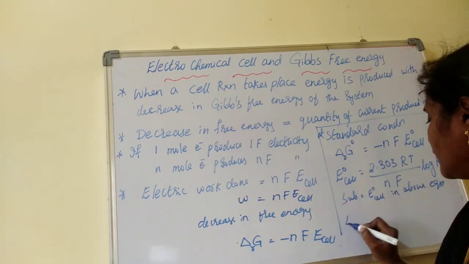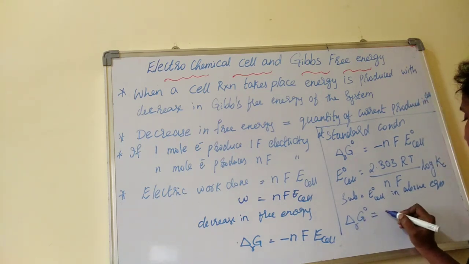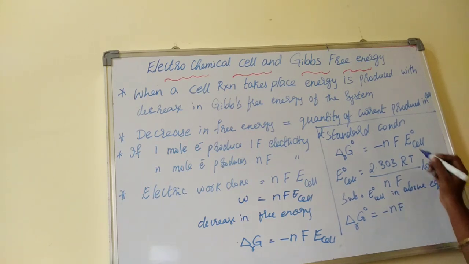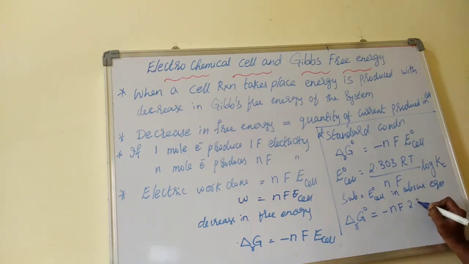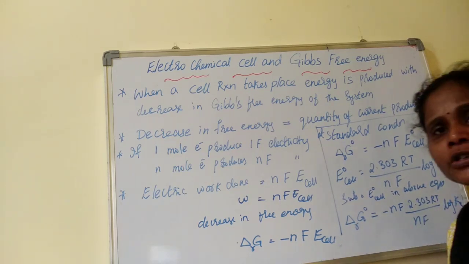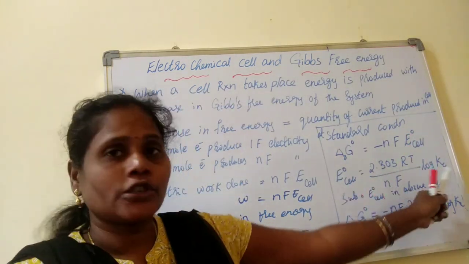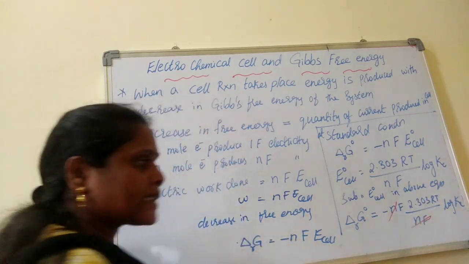What will you get? Delta G naught r is equal to minus nF E naught cell. Instead of that, I can write 2.303 RT by nF log Kc, right? I have just substituted my E naught cell with this equation. Now look at this. This nF gets cancelled.